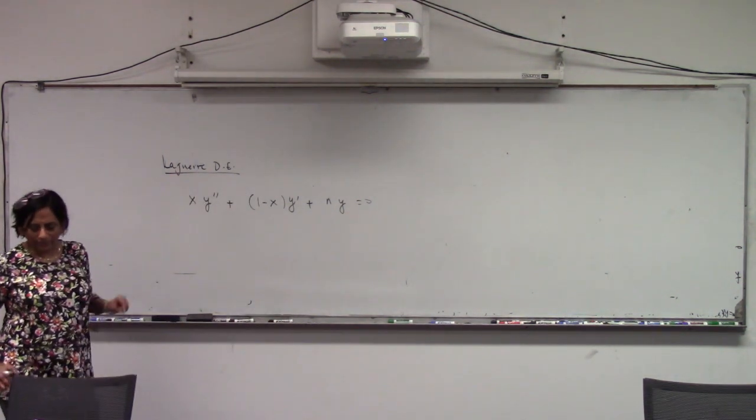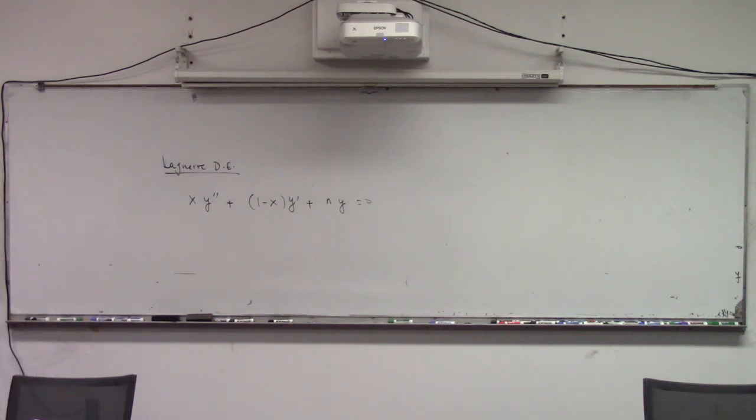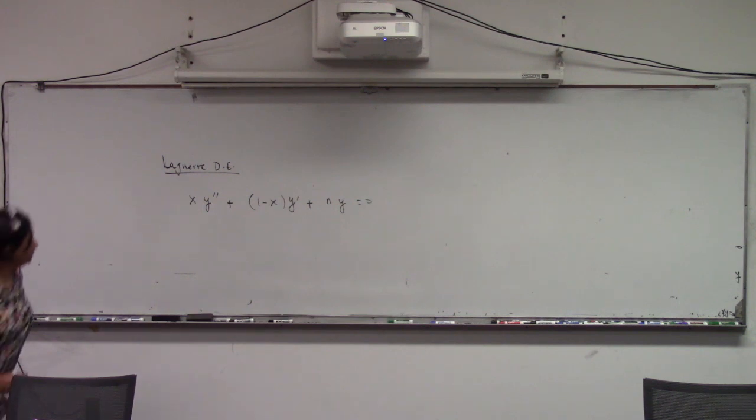Some version of it will come in the hydrogen atom problem. It will be associated Laguerre, but there will be a few terms slightly different, but we'll come across this. Is it a Sturm Liouville differential equation? No. All right, so convert that into Sturm Liouville form.